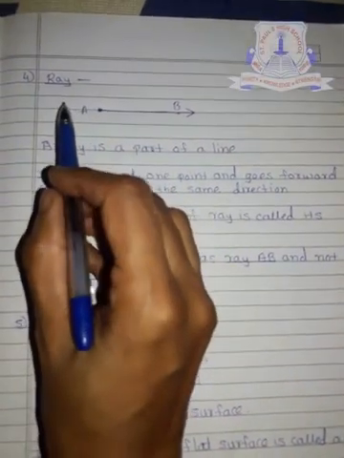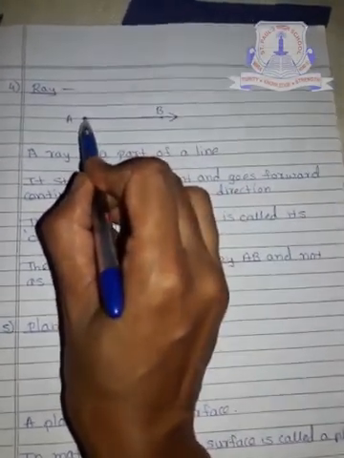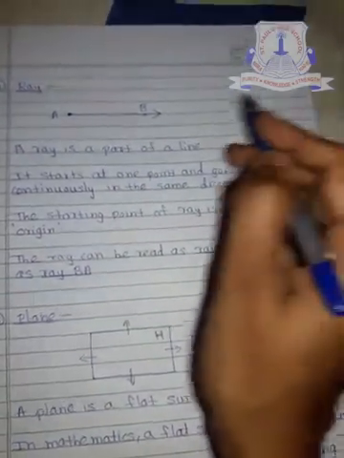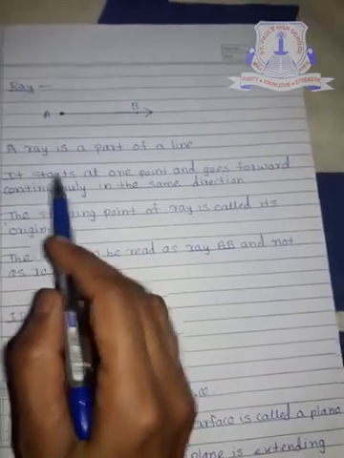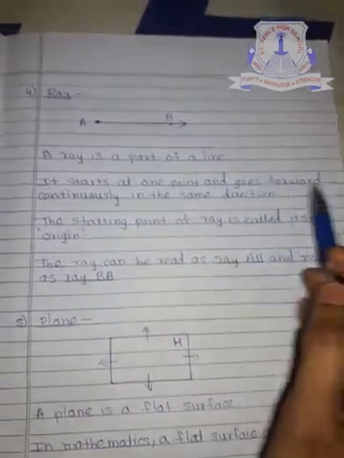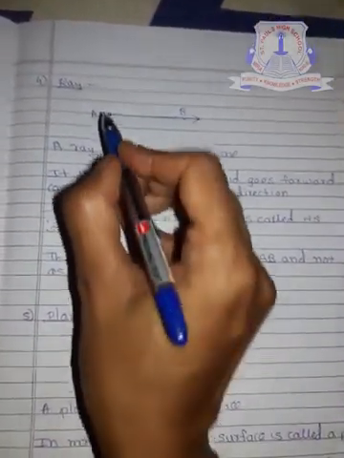Now the next element is ray. This is point A, which is the starting point, and it goes ahead up to no limit. A ray is a part of a line. It starts at one point and goes forward continuously in the same direction. The starting point of the ray is called its origin.